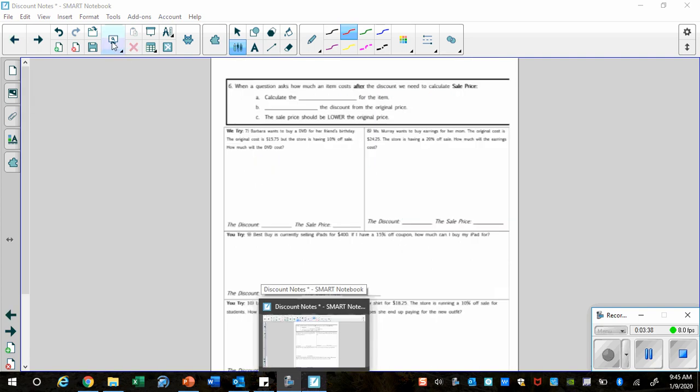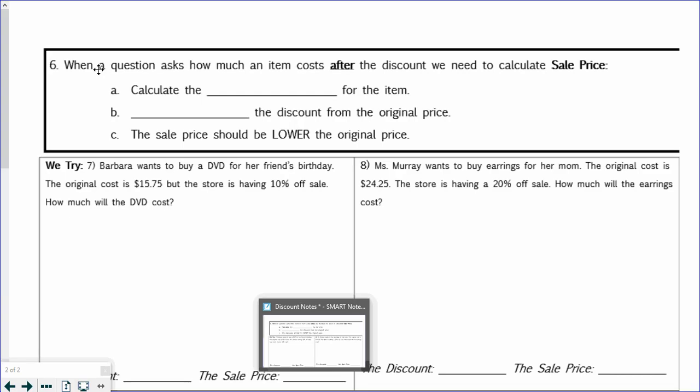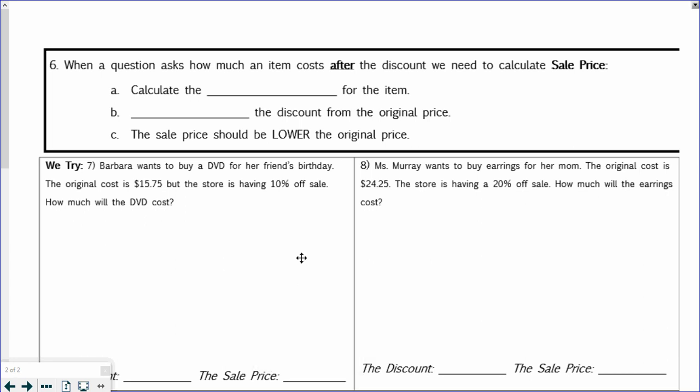Okay, so by now you should have gotten 4 and 5 checked, and those were all discount questions. And now we will move on to sale price. So number 6 says when a question asks how much an item costs after the discount, we need to calculate the sale price. So the first thing you'll have to do is calculate the discount for the item.